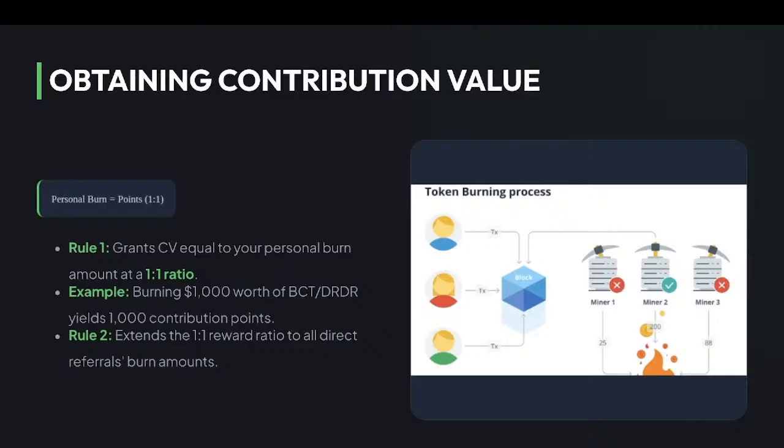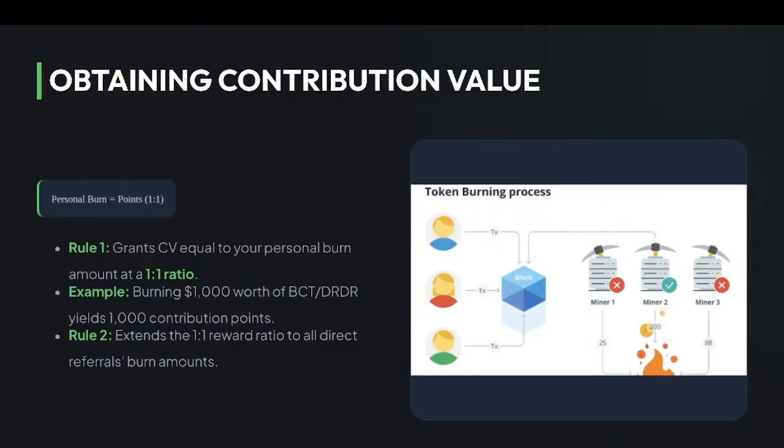We extend this same one-to-one ratio to your direct referrals. When you invite someone directly to the Bitcoin platform and they participate in the burn process, their burn value also grants points for you. For instance, if your direct referral burns $1,000 worth of the token, you will receive an additional 1,000 contribution points added directly to your account.